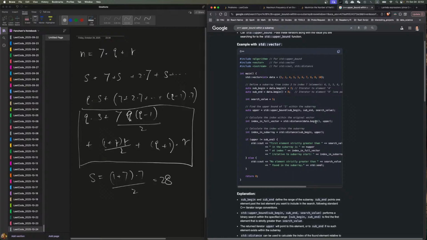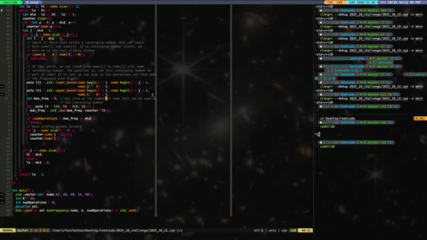Upper begin. So it does give you directly the right one. Oh yeah, we have the whole, no, I think it's correct. We don't do this. But if we don't do this, nums dot begin plus j plus 1.